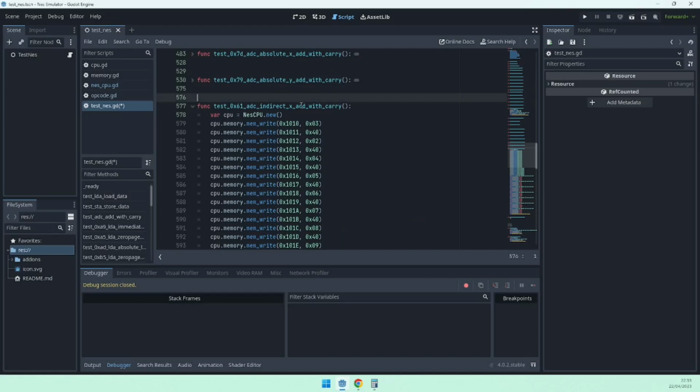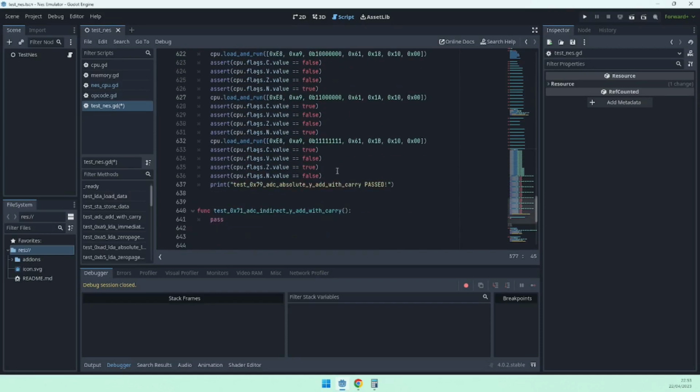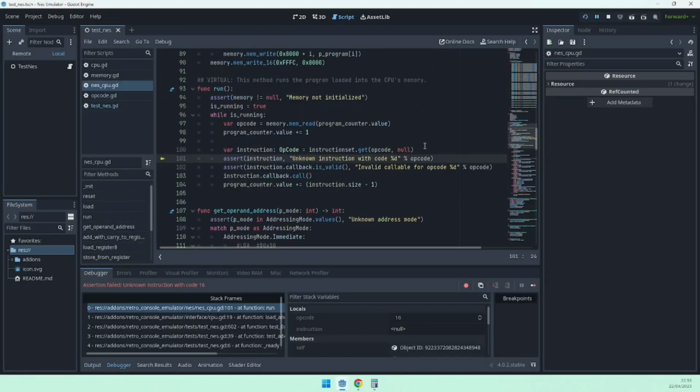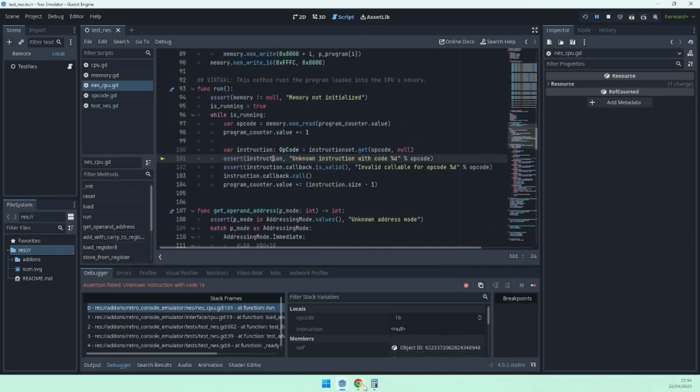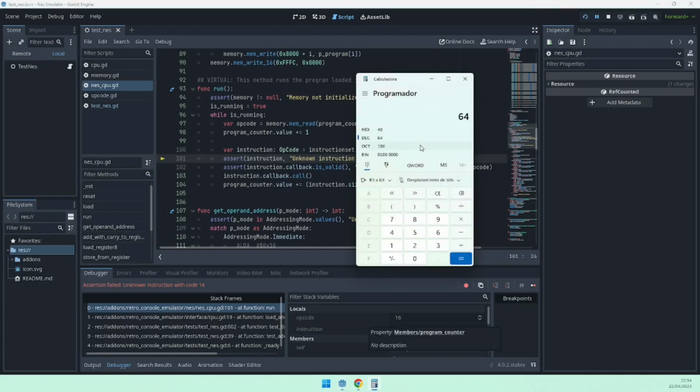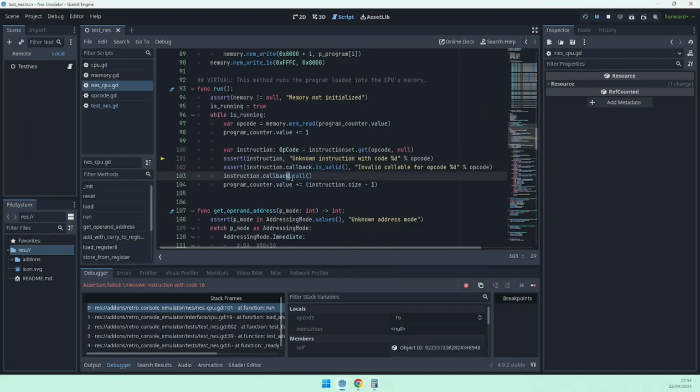61 indirect X. I need to change this and give it a try. Okay, I broke something. Opcode 16. What is 16? Is a 10. What? Why is it trying to read a 10?